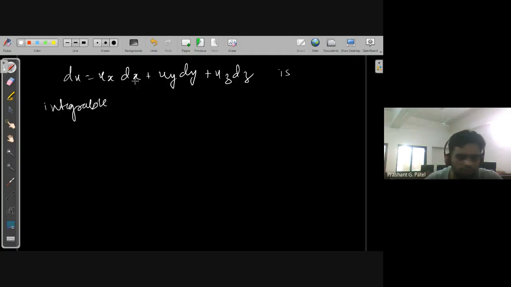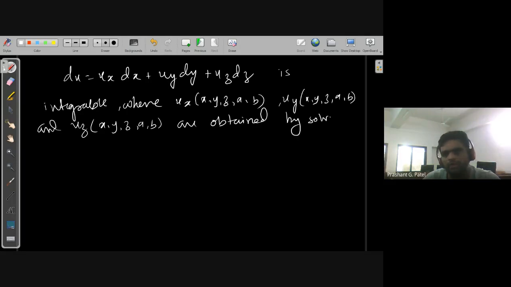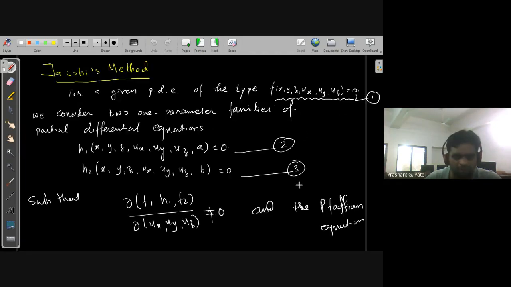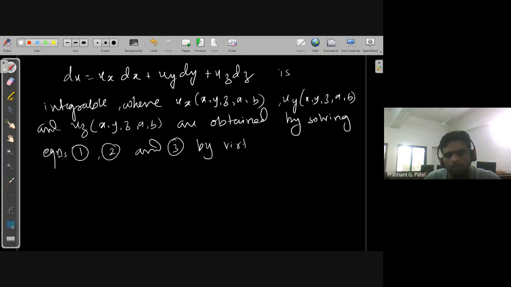Here the values of ux, uy, and uz are in terms of x, y, z, a, b, obtained by solving equations 1, 2, and 3. Let us call this equation 4.